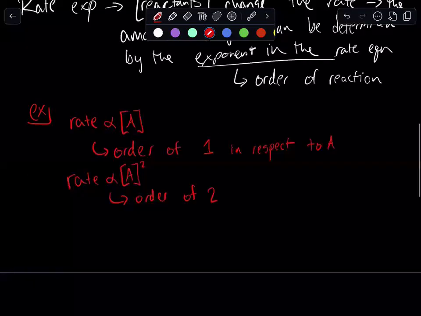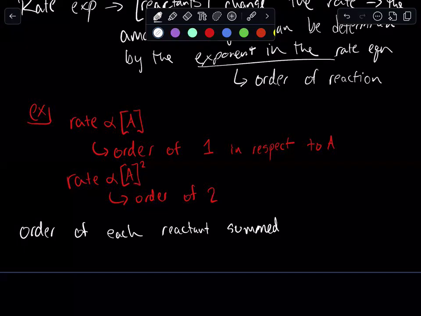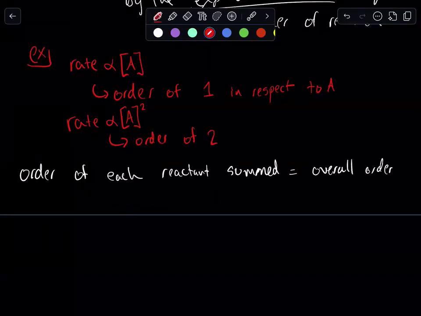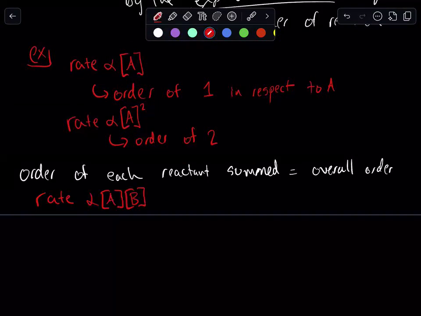So if we therefore then look at any reaction, the order of each reactant summed is equal to the overall order. So a quick example of that is if we then have some maybe bimolecular reaction where the rate is proportional to A and B, that would be an order of two.